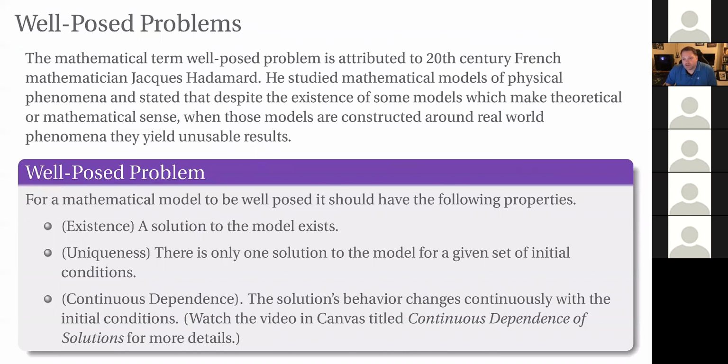This is something that is incredibly important for partial differential equations, less so in here, but there are some things in this course that touch on this. The mathematical term well-posed problem actually comes from a French mathematician, Jacques Hadamard. If you've heard of a Hadamard equation before or a Hadamard integral, that is where this comes from.